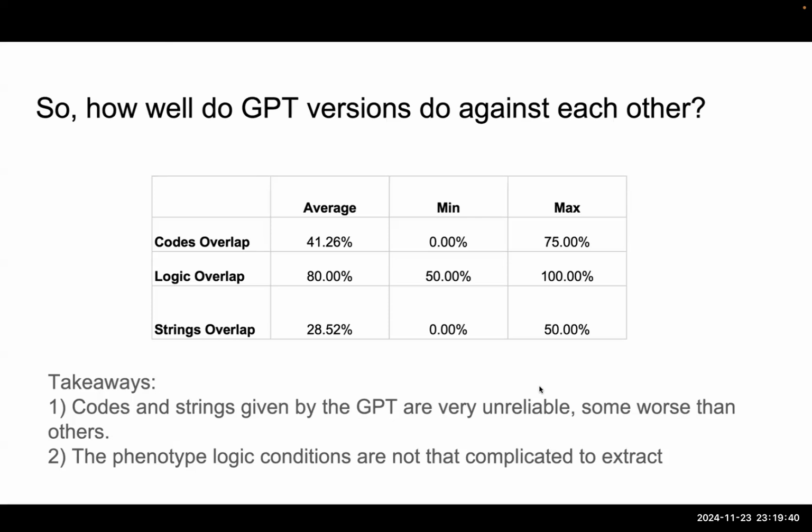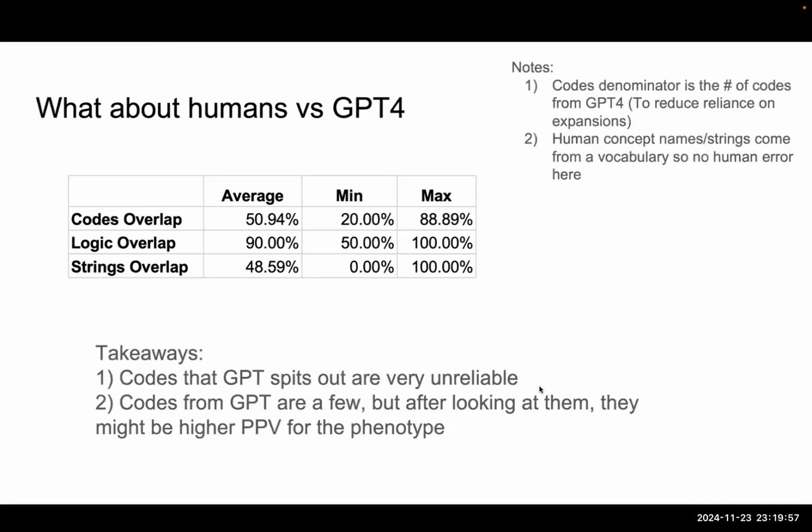Interestingly, LLMs effectively extract logical conditions for including or excluding codes in phenotype definitions. This variability in code and string overlap is partly due to the diverse code systems used in literature and the definitions.